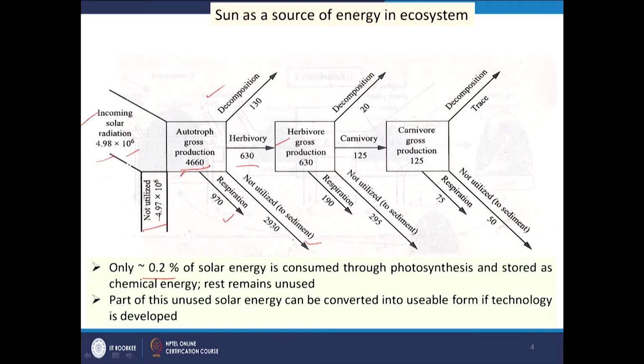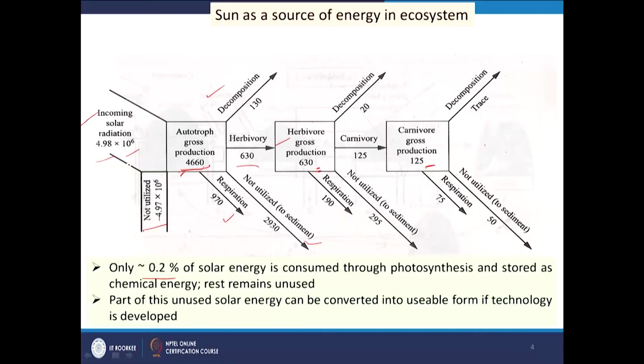So, this is the distribution of the total 4660 units of energy: 630 comes to herbivores, and out of 630, 125 goes to carnivores. These are the distributions of the solar energy which comes to the earth and is taken up by the plants through photosynthesis for organic compound production, and the forward flow.